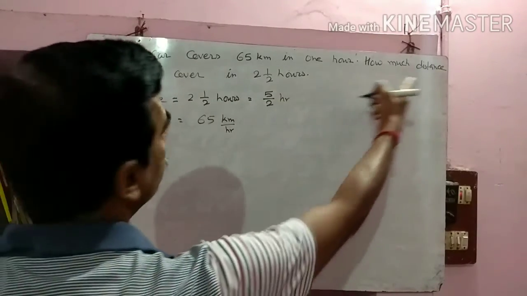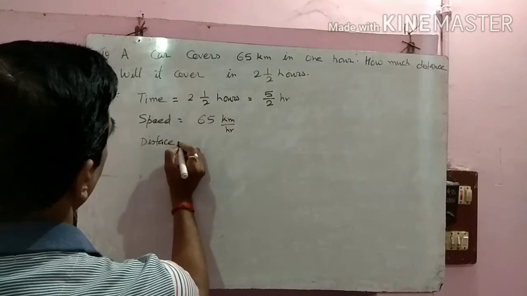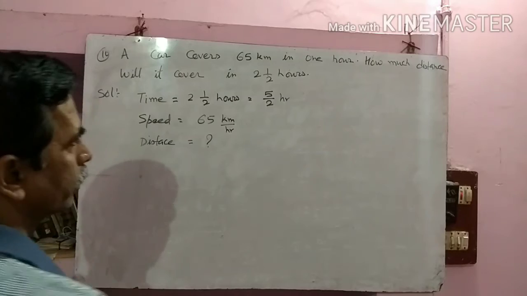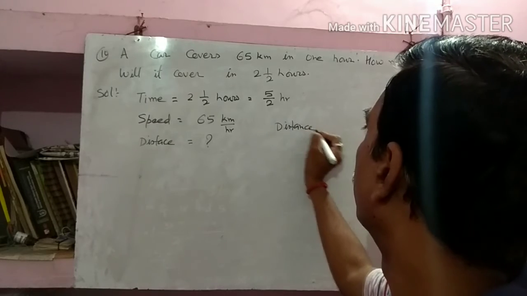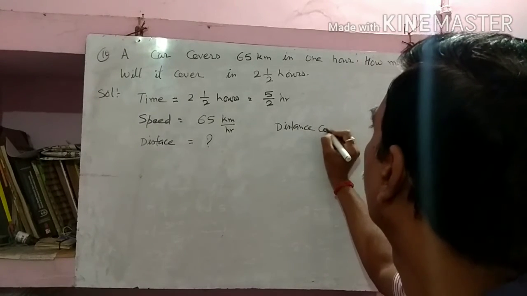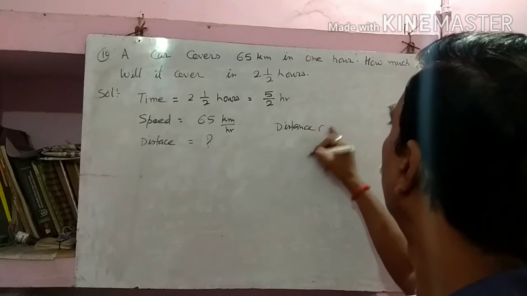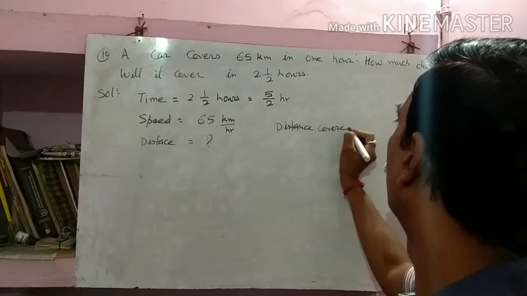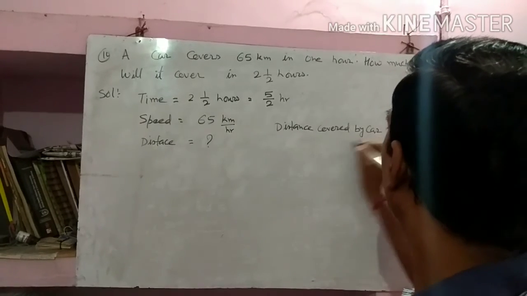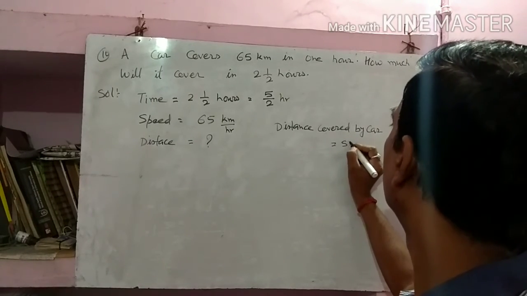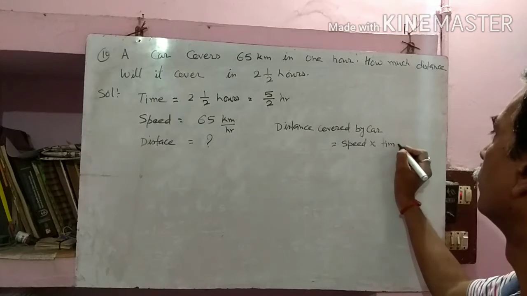And how much distance will it cover? So we have to find distance, it is not given. So as you know, distance covered by car is equal to speed into time.